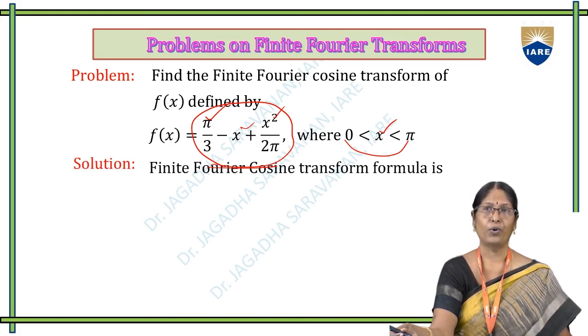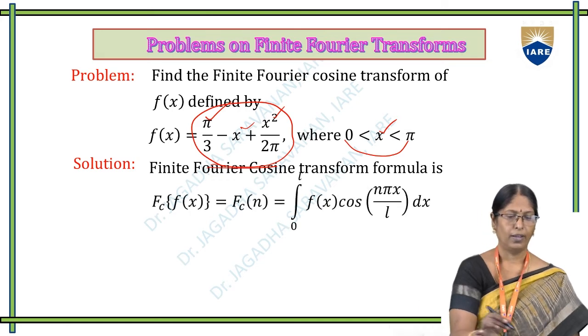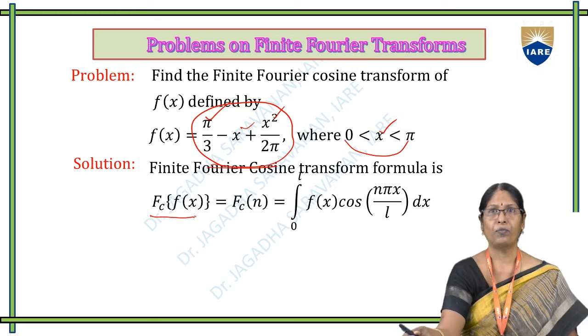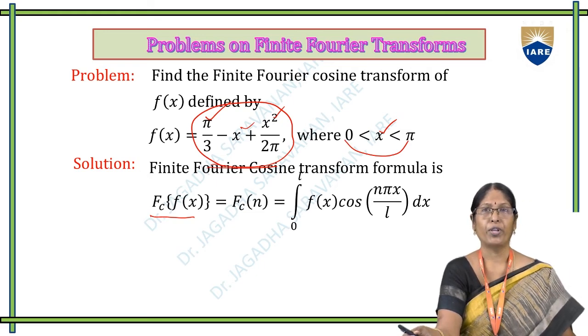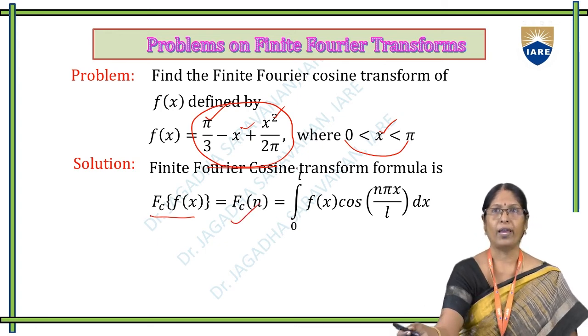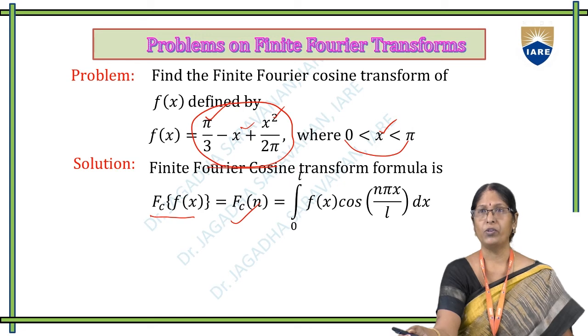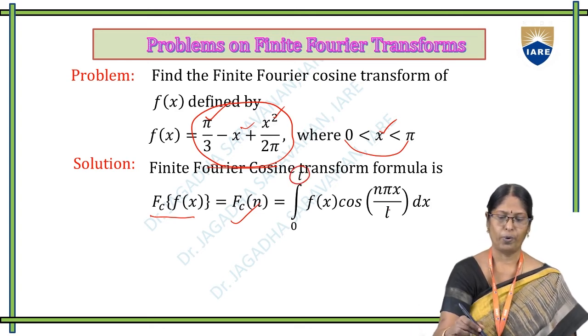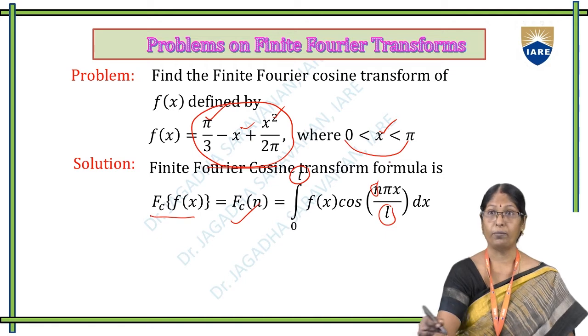So the finite Fourier cosine transform formula is capital F C of f of x, the Fourier cosine transform of the function f of x, equal to fc of n equal to integral 0 to L of f of x cos of n pi x by L dx. L in 2 places, n in 1 place.